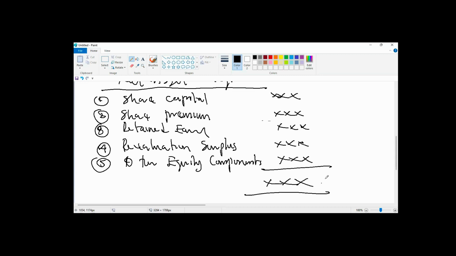Don't forget, in the exam, 2 are a must: share capital, 1, and retained earnings must be in the question. The remaining 3 are optional. That is why it is very rare to see questions that carry all the 3.